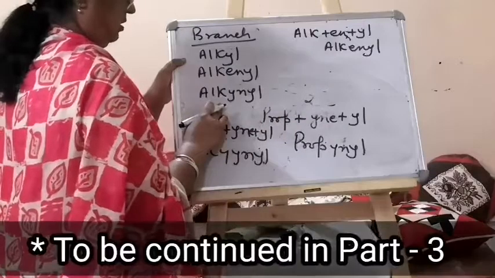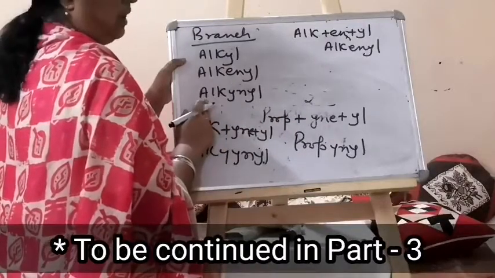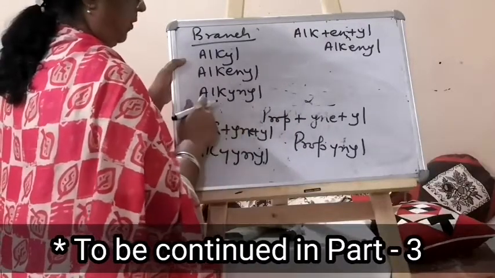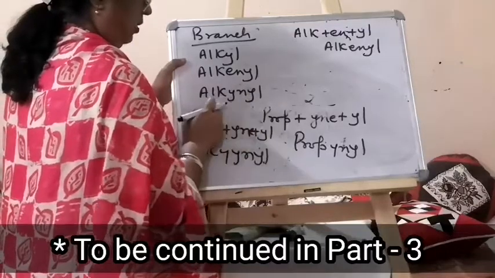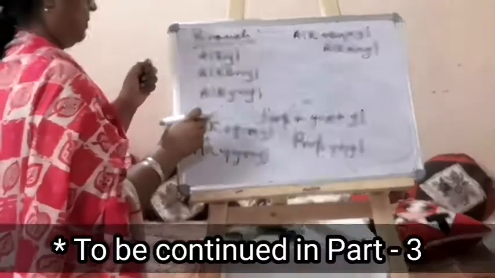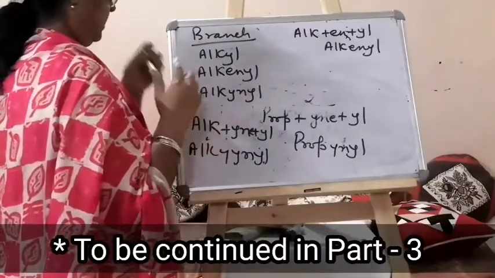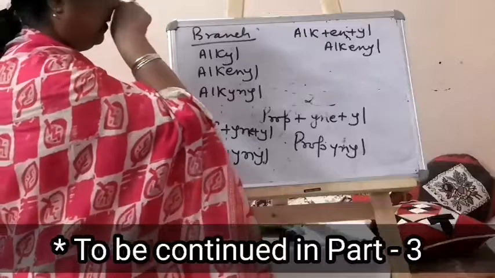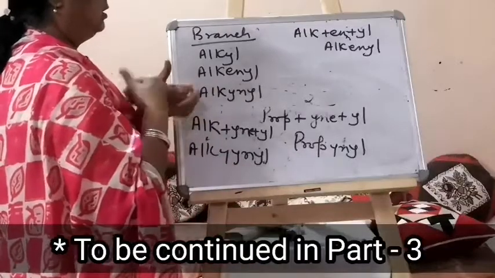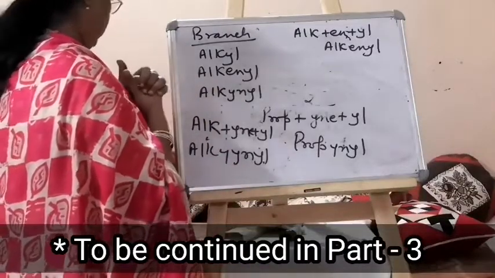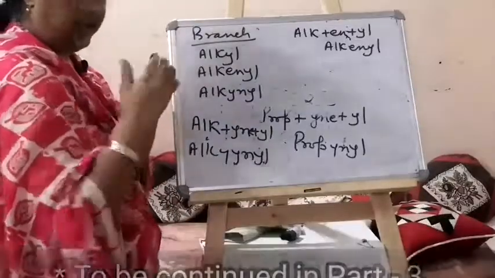What is your 2 carbon triple bond? Ethynyl, propynyl, butynyl. So this is about it, and in the next class I will teach you the supplementary rule, the additional rule, that is the further naming of this organic compound. So till then, bye.